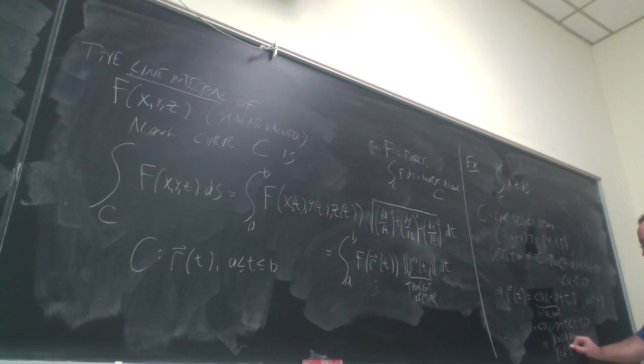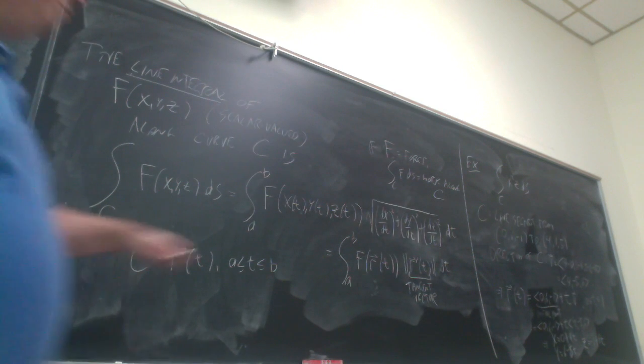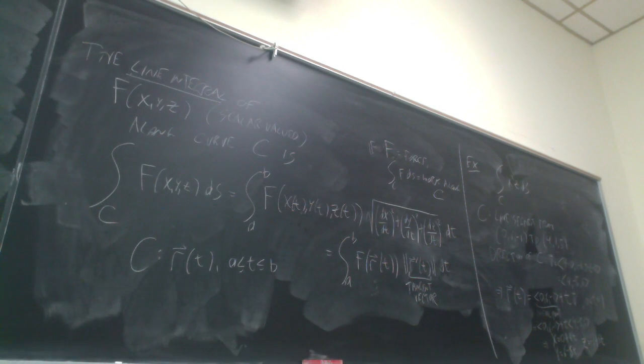Yeah, 6 minus 5t. And finally, z? Negative 1 plus 6t. Yeah, minus 1 plus 6t. So these are your parametric equations for t going from 0 to 1. So once you have the parametric equations, then you're able to set this up as an integral with respect to t. In this case, t will go from 0 to 1.